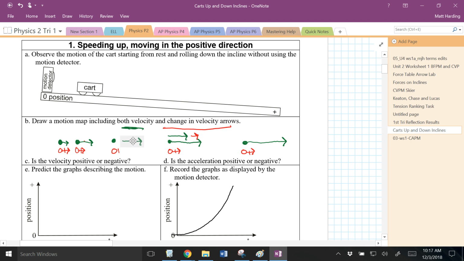That's why it's a change of velocity arrow. So this is what it looks like when it's getting faster. So if you got this worksheet somewhere, go ahead and add in the motion map on here.